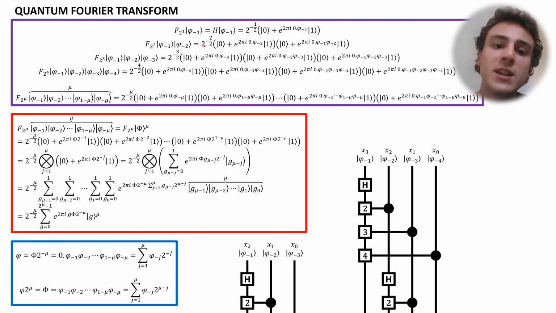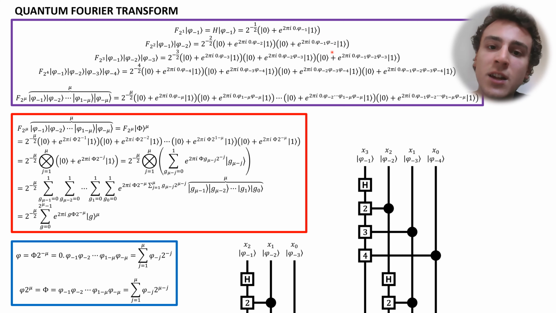Let's have a look at the normalization coefficient. We have 2 to the minus 2 on 2. So now we have another 2 up here in this exponent. That's because each of these superpositions has a factor of 2 to the minus 1/2. And we can multiply those two factors together, and they're going to give us this normalization coefficient. If we have a look at the relative phase factors over here, we're going to see a pattern emerging.